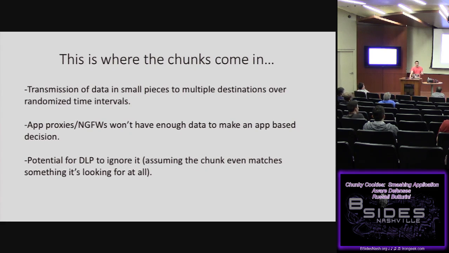And of course what's different now is we have access to a tremendous amount of computing power really, really quickly. And so I can spin up a lot of servers to receive my data, and my work effort to reassemble it is all done outside the purview of the detective controls on the inside. So I can spend as much time as I want trying to put it back together. I just got to get it out. And I can get it by my controls like my next-gen firewall, my app proxies, and my DLP. A lot of DLP, I should have mentioned too.